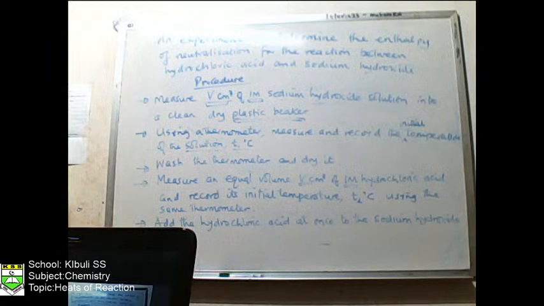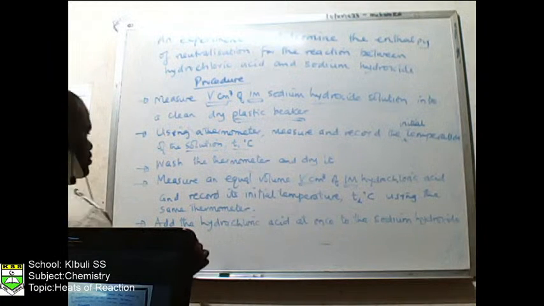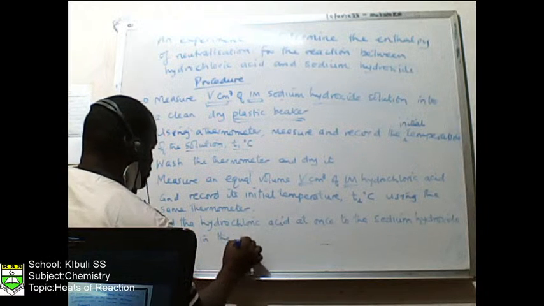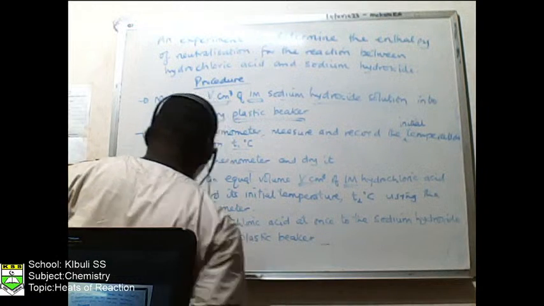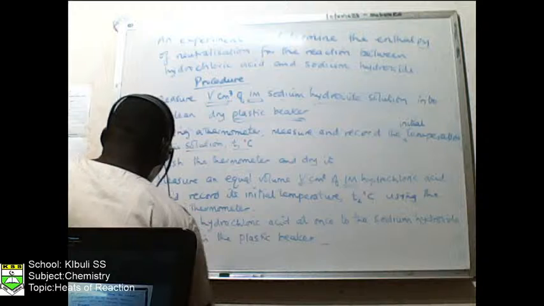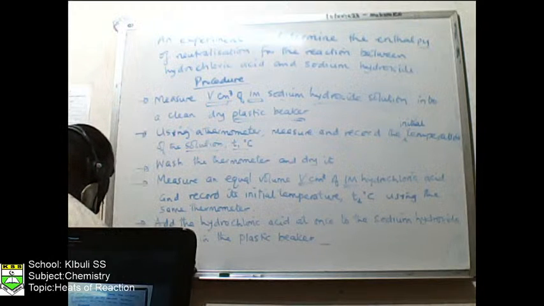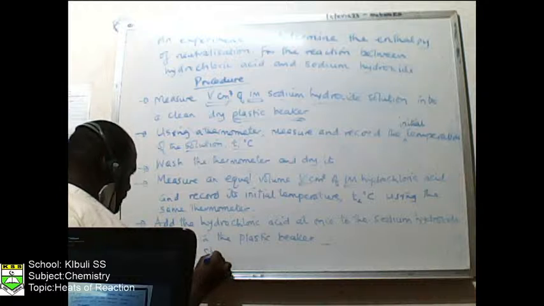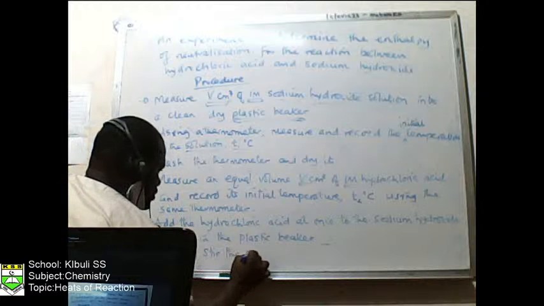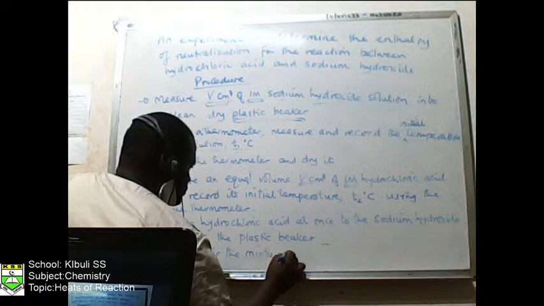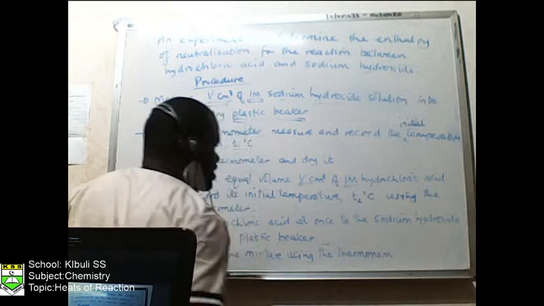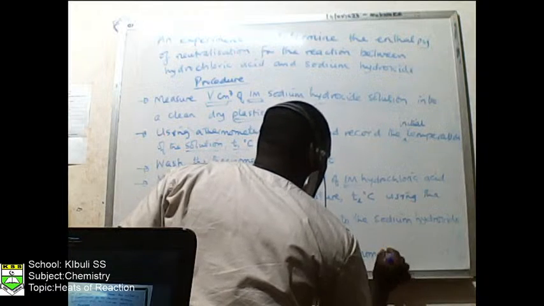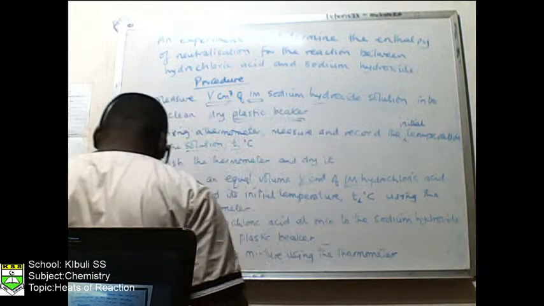You add the hydrochloric acid at once to the sodium hydroxide solution which is already in the plastic beaker. Then carefully stir the mixture using the thermometer.